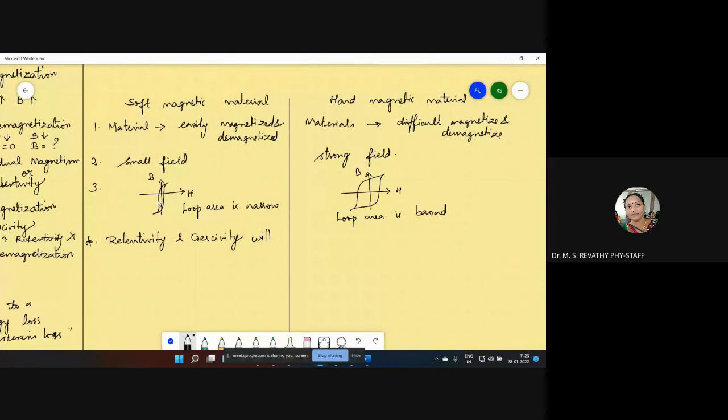What are retentivity and coercivity, ma'am? This retentivity is this portion, and coercivity is this portion. So retentivity and coercivity will be low in the case of soft magnetic material, whereas they will be high in the case of hard magnetic material.